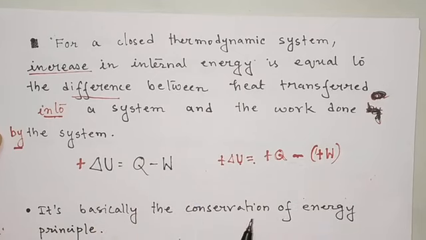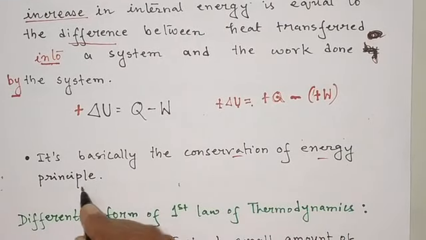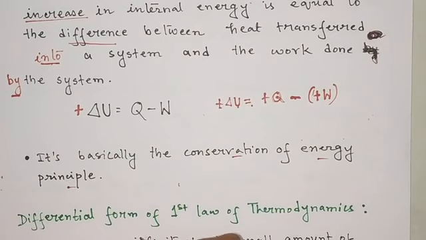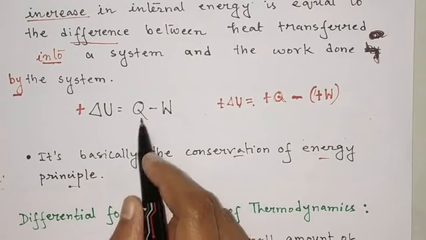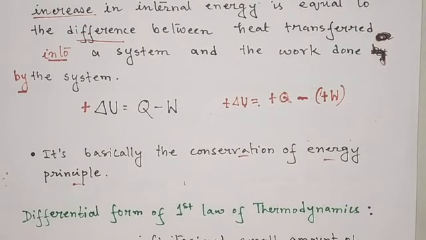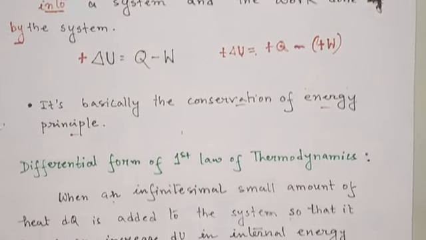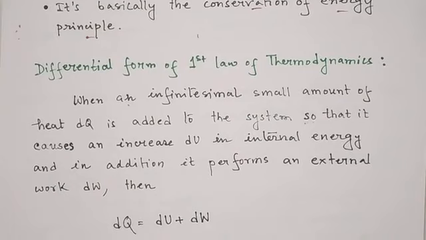The first law of thermodynamics is basically the conservation of energy principle. It says that if some heat energy is supplied to the system, it will not be destroyed. It will be converted partly into internal energy and partly into some work done by the system. Next is the differential form of the first law.